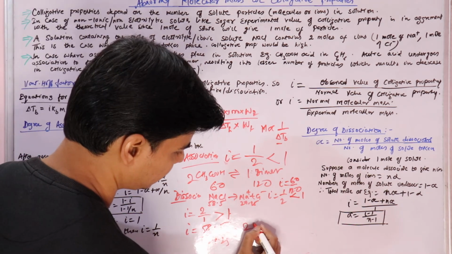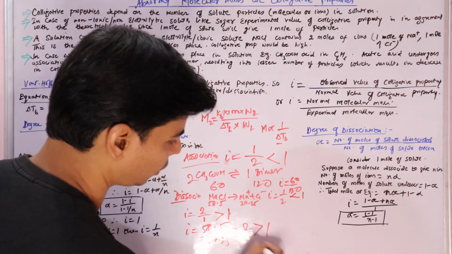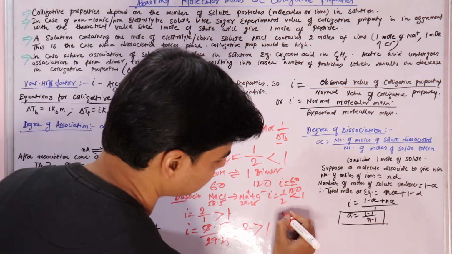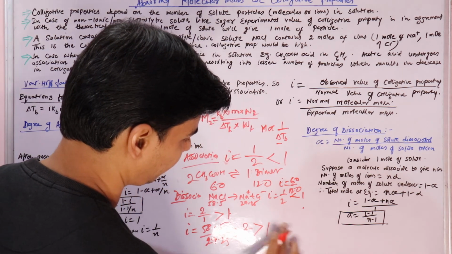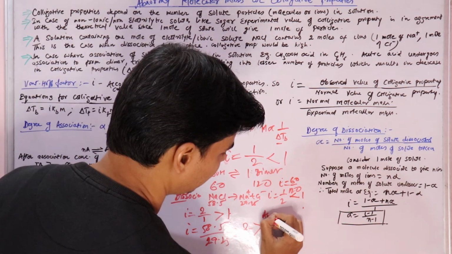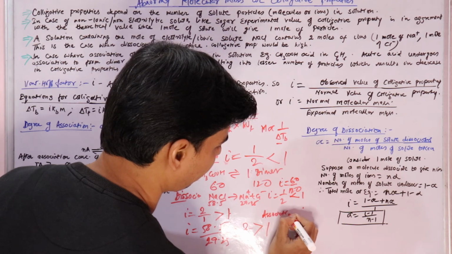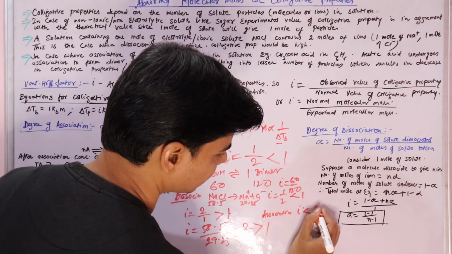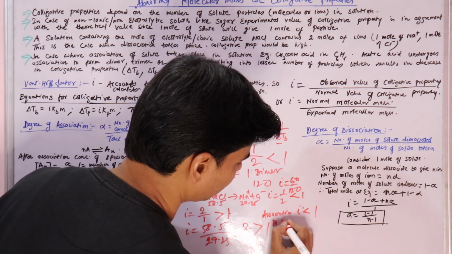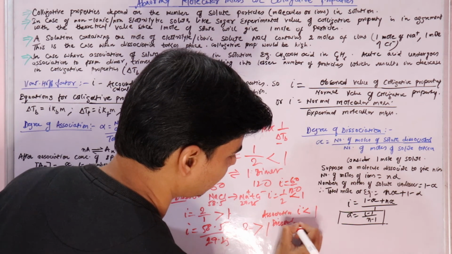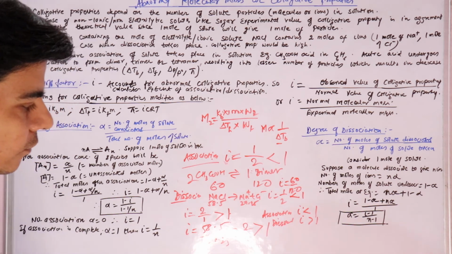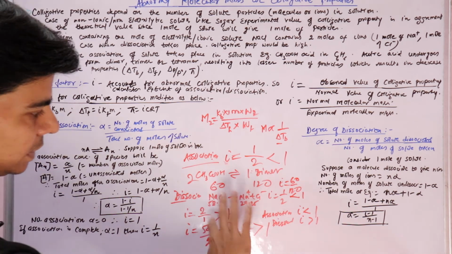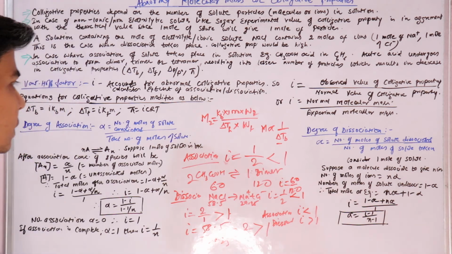So i is greater than 1 for cases of dissociation. For association of molecules, i is always less than 1, and for dissociation, i is always greater than 1. Just remember this, the value of Van't Hoff factor in case of association and dissociation.